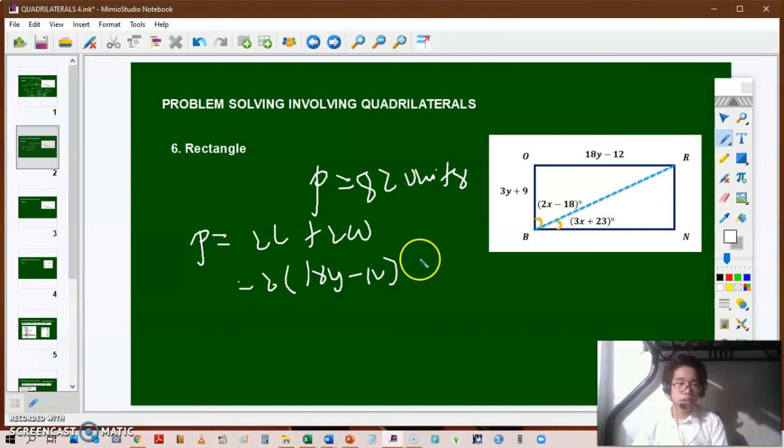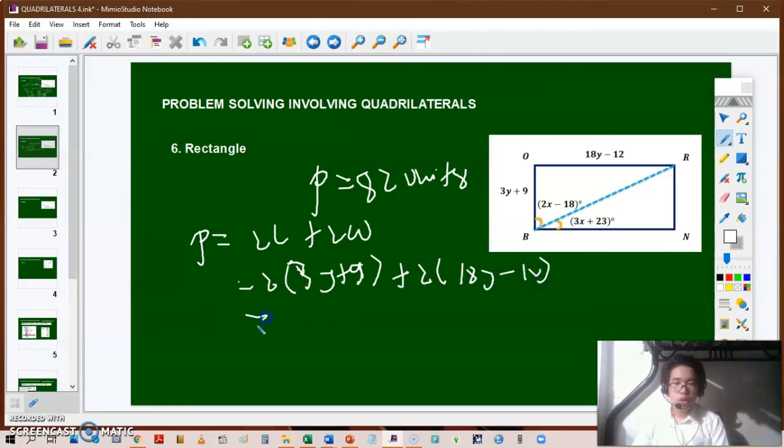So that's the length. To make it more formal, we can make the length 3y plus 9, because it's more like the height of the rectangle. So 3y plus 9, and then plus 2 times the width, which is 18y minus 12.